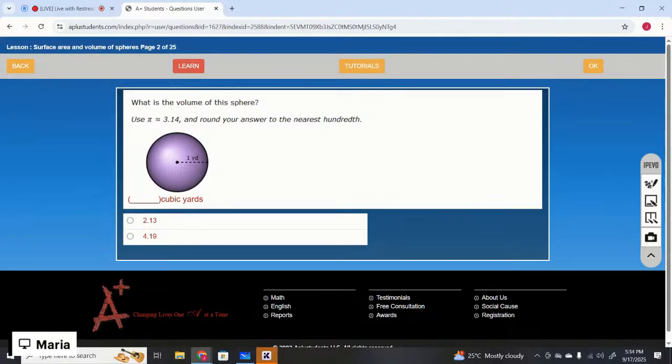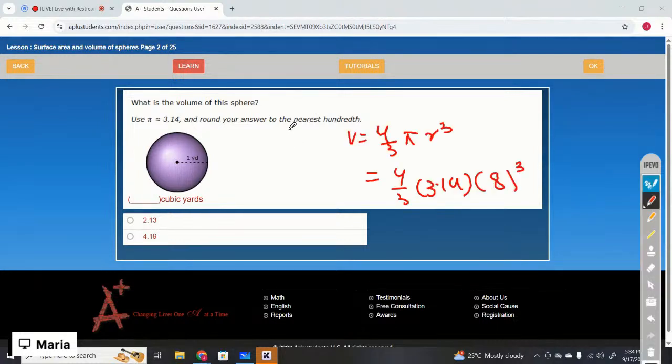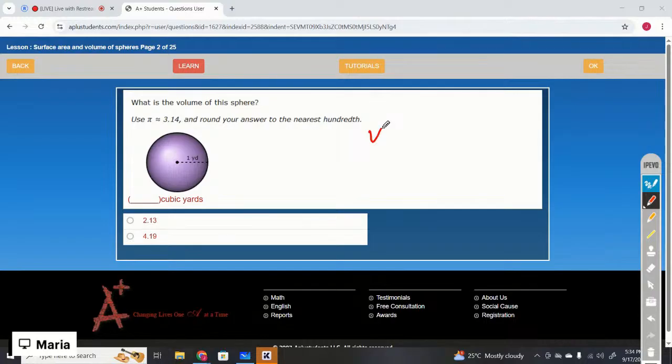What is the volume of the sphere? V equals 4 by 3 pi r cube.